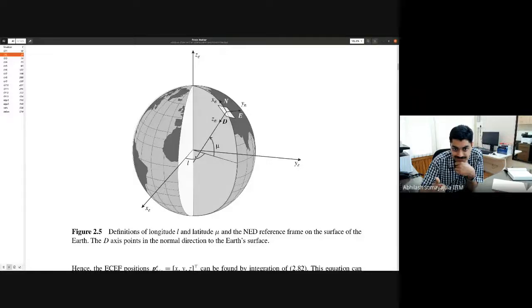We have a rotation about the z-axis by an angle L, and then we are rotating about the eventual y-axis by an angle minus mu minus pi by 2.